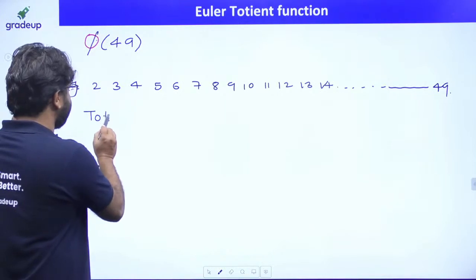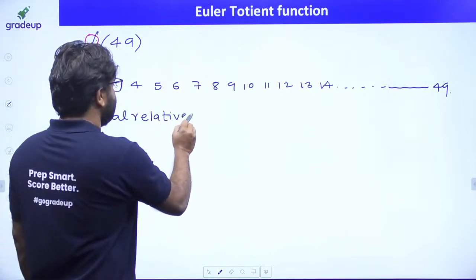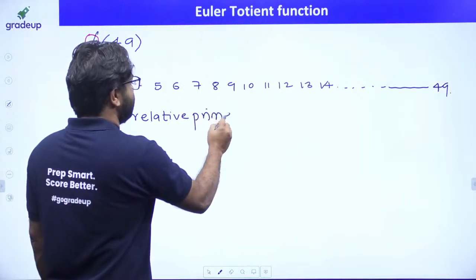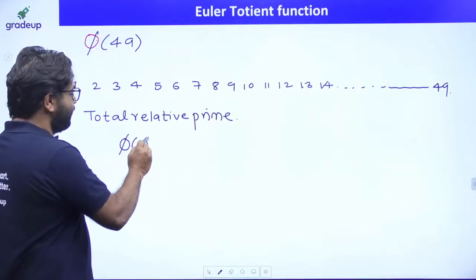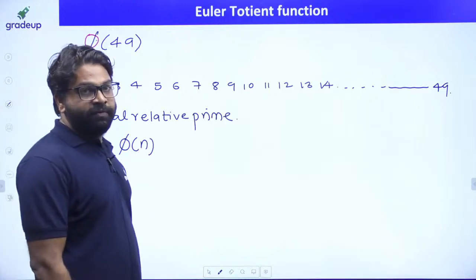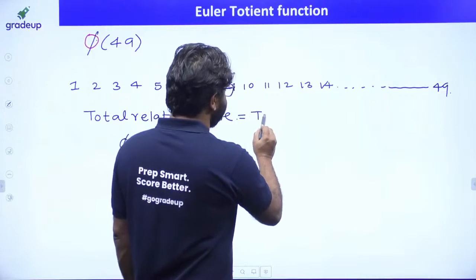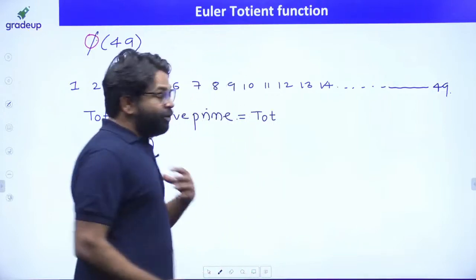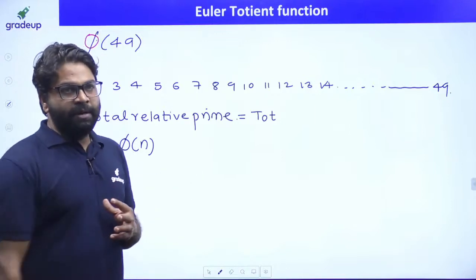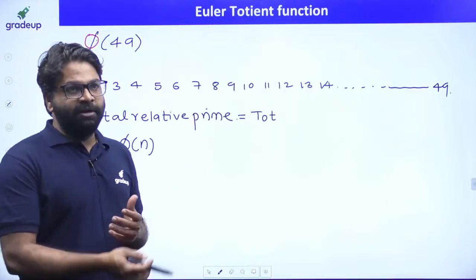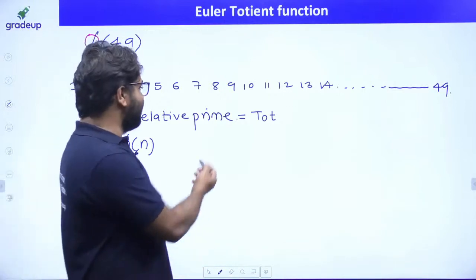Now let's understand my main idea here, because we have to calculate the total relative primes. That will become the totient function of n. So how can we calculate the total relative primes? If I get the non-relative primes and subtract them out of the total, then I will get the total number of relative primes.